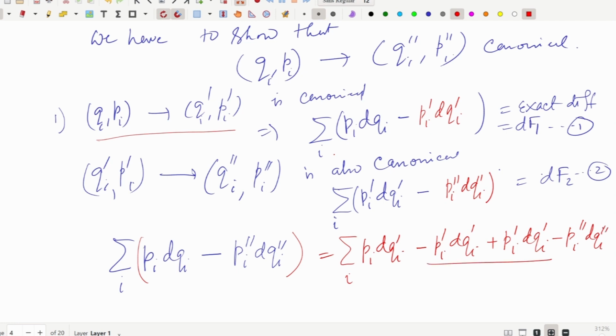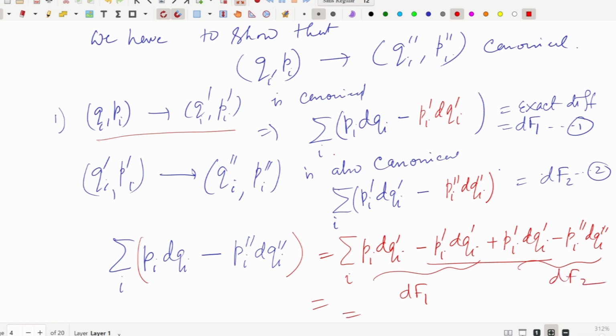So we have added and subtracted this quantity, and now you can see by using equations 1 and 2, this is your dF1 and this part is your dF2.